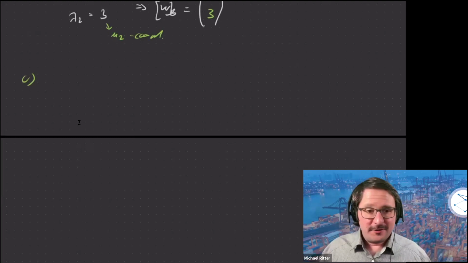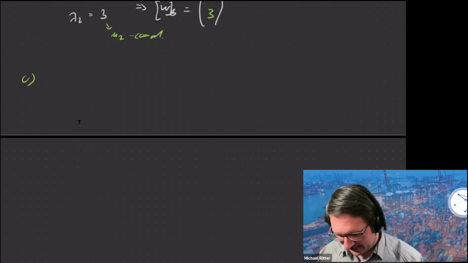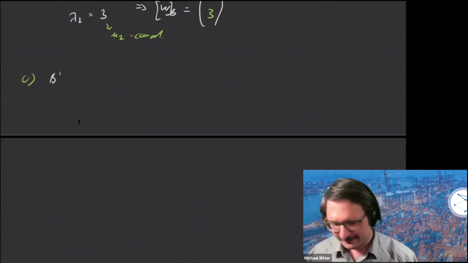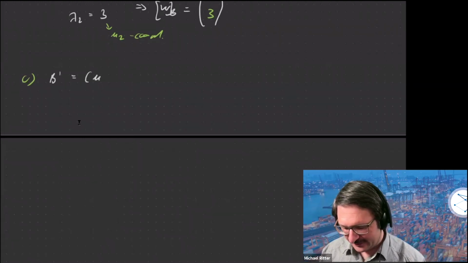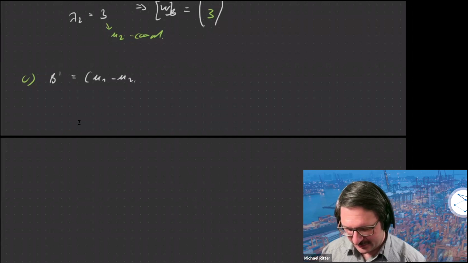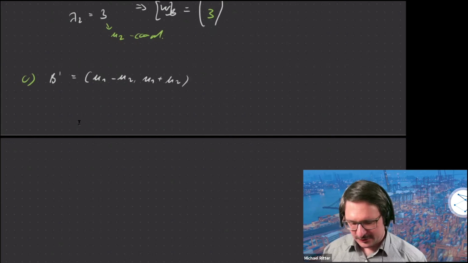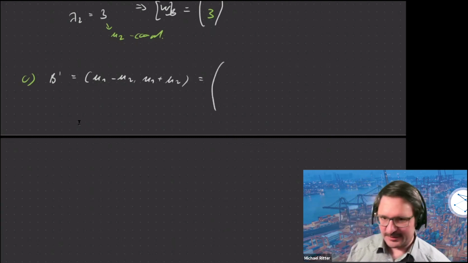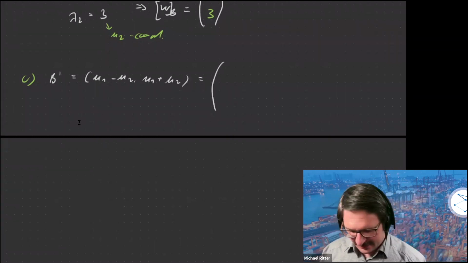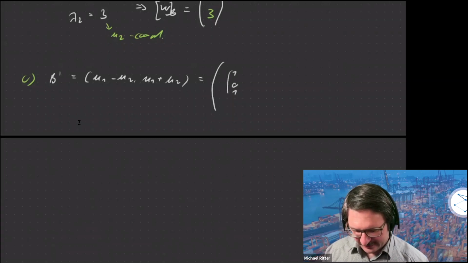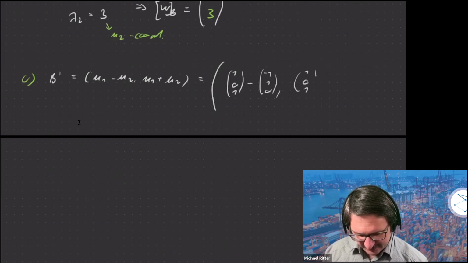Okay, so in C, we're moving to a different coordinate system, B prime. That's the coordinate system U1 minus U2 and U1 plus U2. So we can just do the computations here and say, well, U1 minus U2. U1 is again 1, 0, 1, and U2 is minus 1, 1, 0. And U1 plus U2 would then be this vector here.